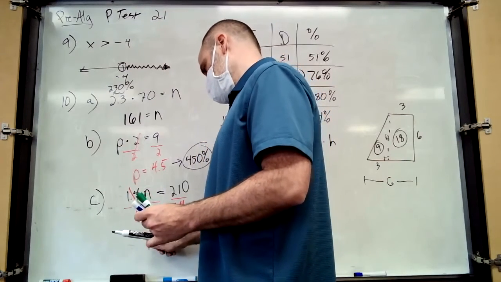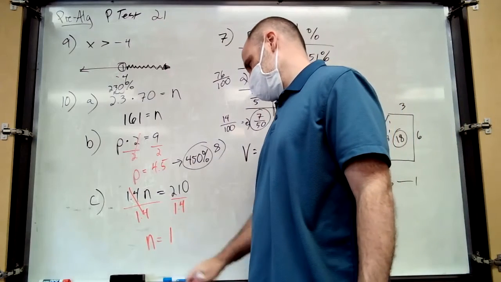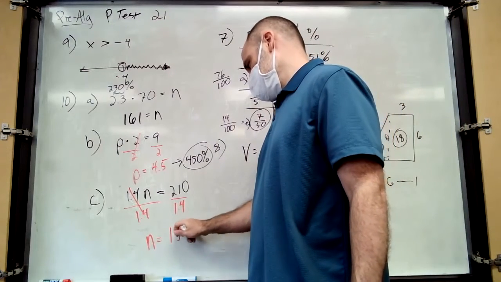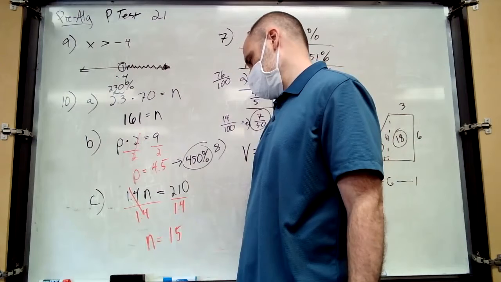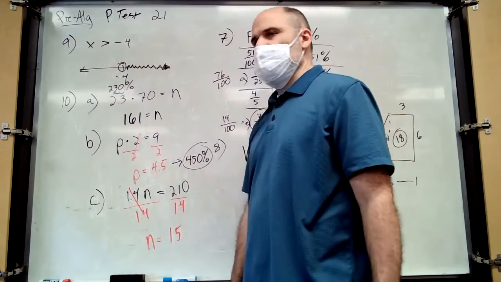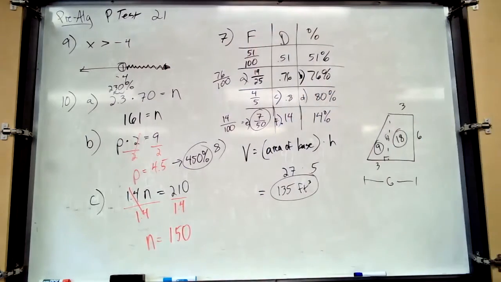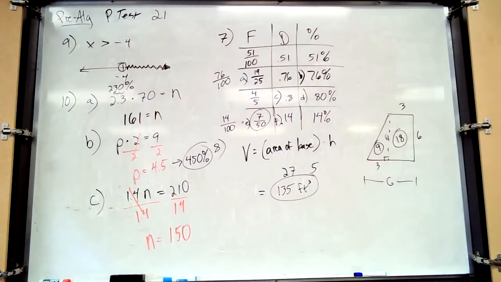Let me open the calculator app. I got 150. 210 divided by 1.4. Okay? Good.